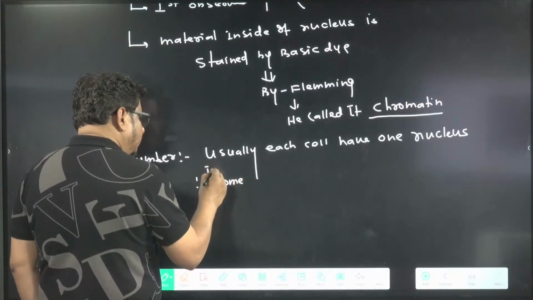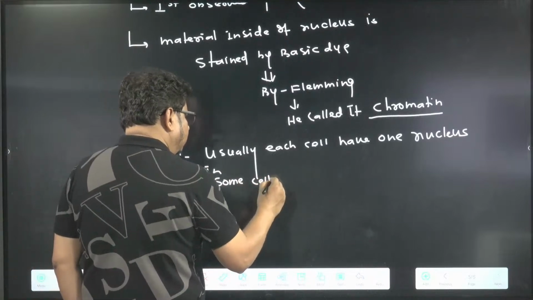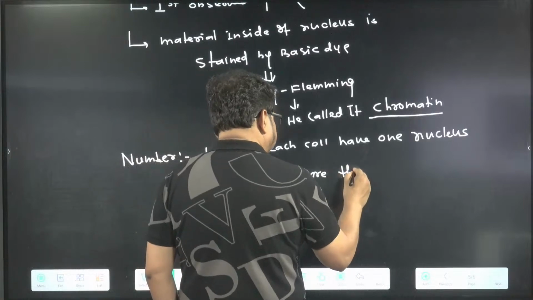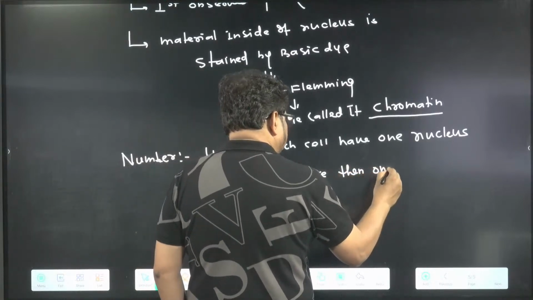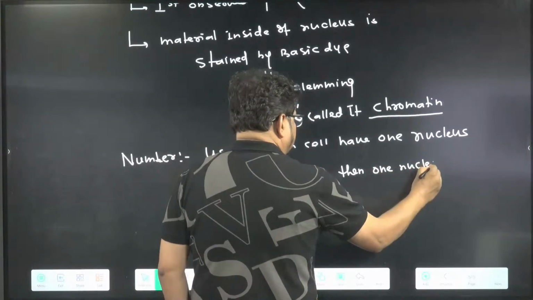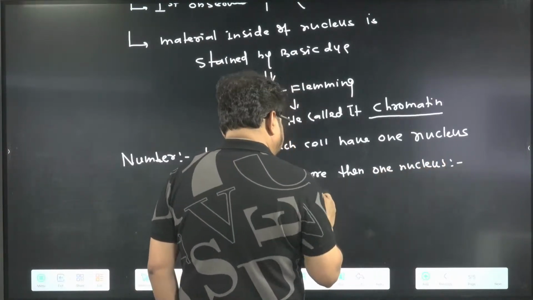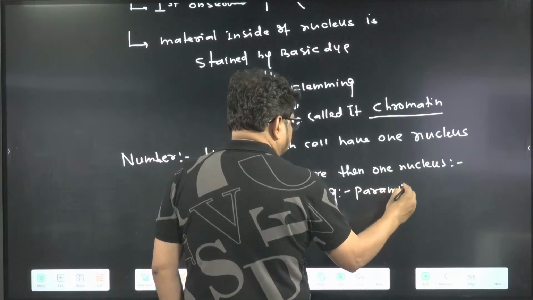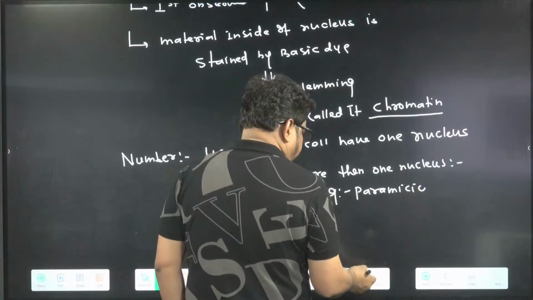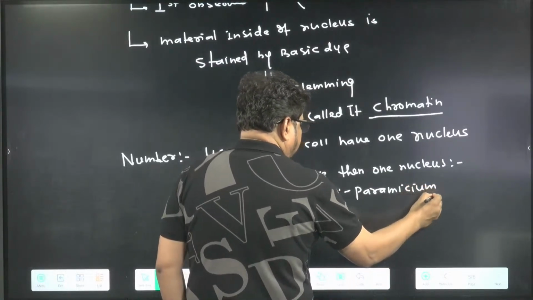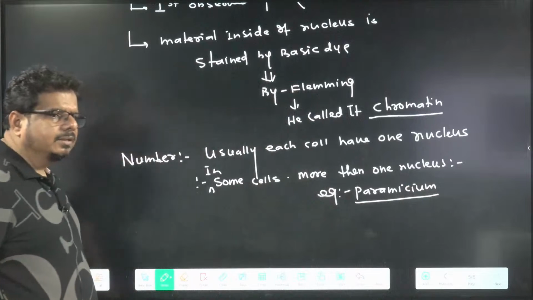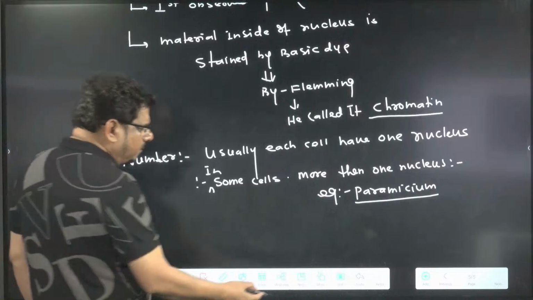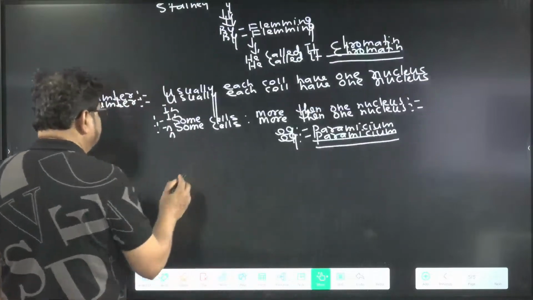In some cells, more than one nucleus may be present. Example I can write Paramecium. Paramecium has how many nuclei? Two nuclei. Got the idea? Another example you can say tapetum, that also has more than one nucleus.